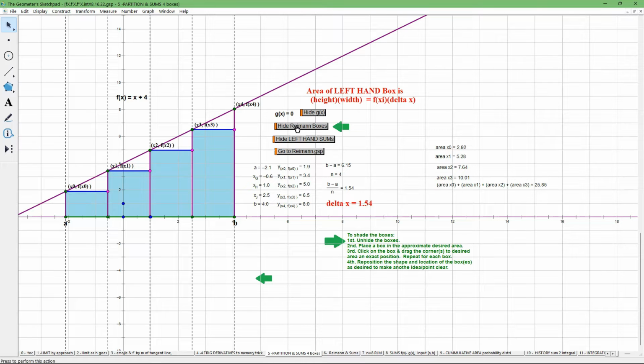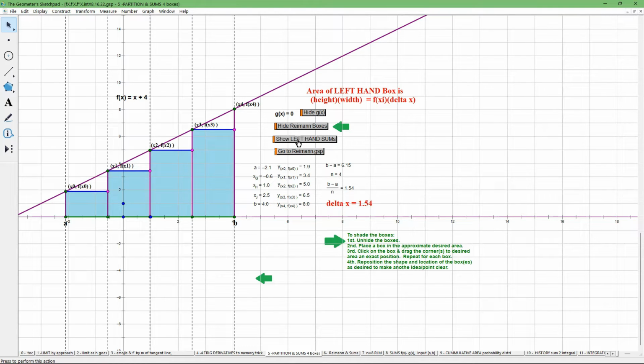I'm going to hide the boxes so that all you see is the partition. I'm going to show you the boxes again. All you have to do is click on the link. Here's the left-hand sums.